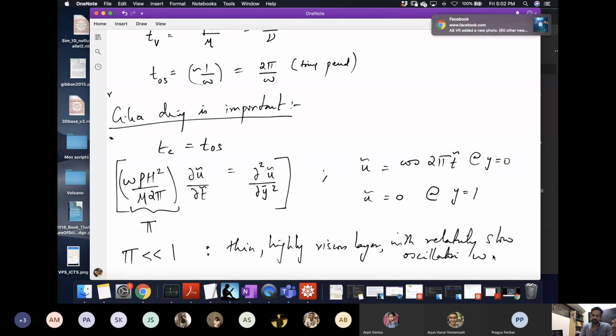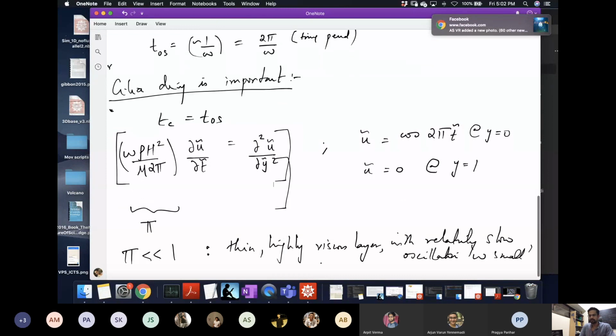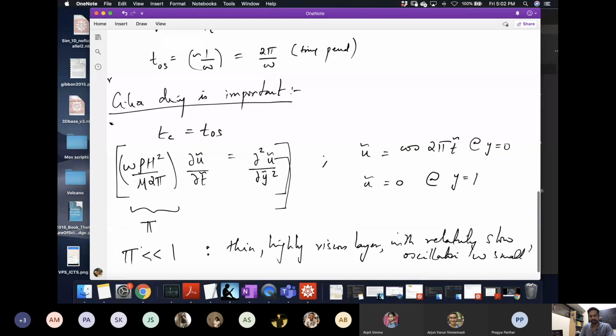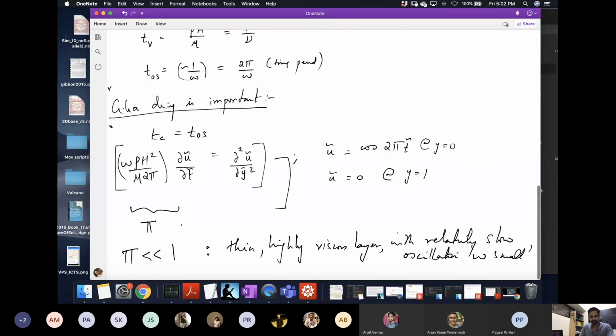That means omega is kind of small. How small should the oscillation be? Well, that just comes from this condition that pi should be much, much less than 1. That means omega should be much, much less than 2 pi viscosity divided by density times height squared of the film, of that liquid layer that we're interested in.